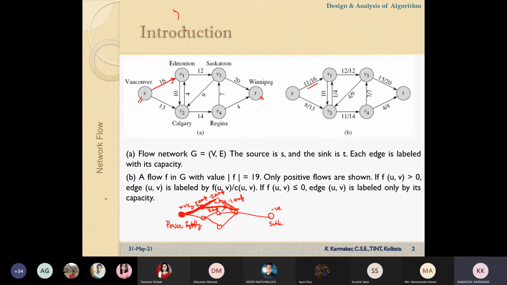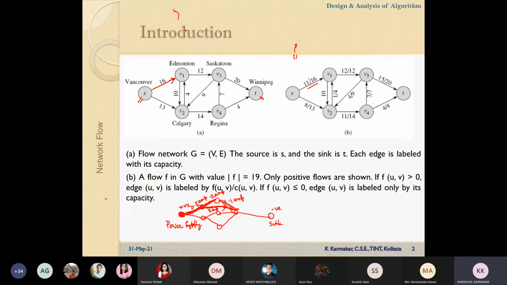If the value is 11 by 16, then 11 is the capacity which is in use, and 16 is the capacity of the link. So we are representing it in this way.